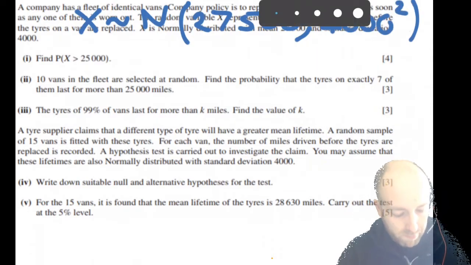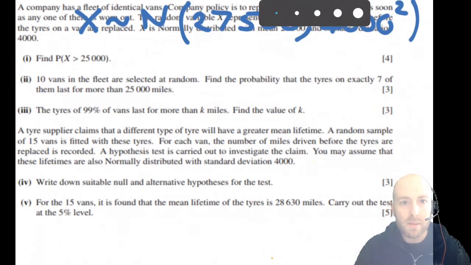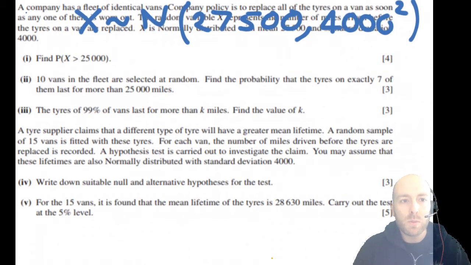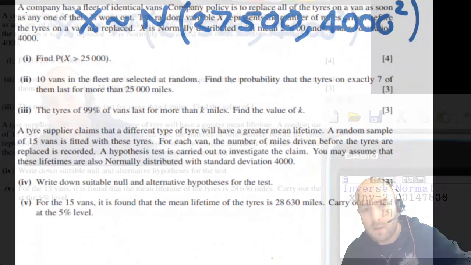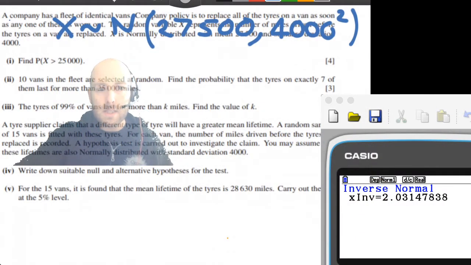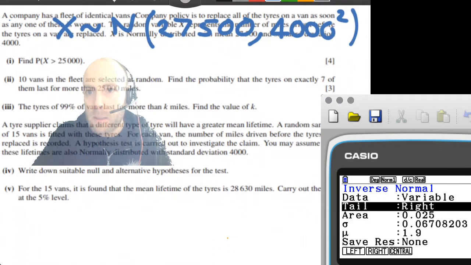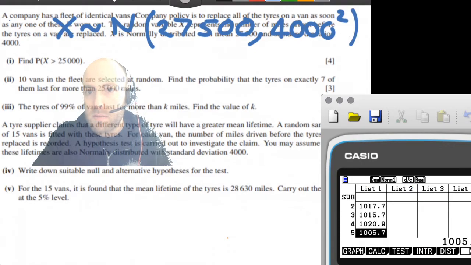Cool. All right. So we want to find the probability that x is greater than 25,000. We do that just on the calculator. It's pretty easy. We're looking for a probability, so we're doing an NCD: dist, norm, NCD.